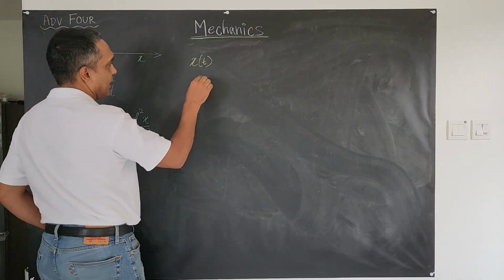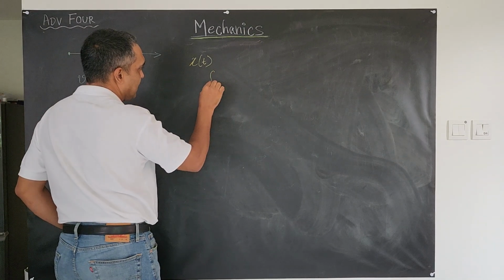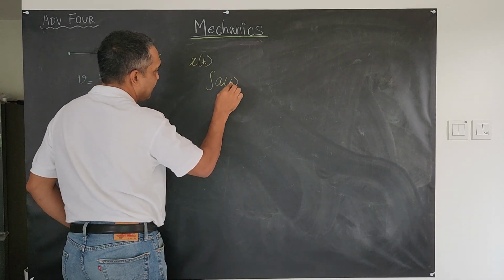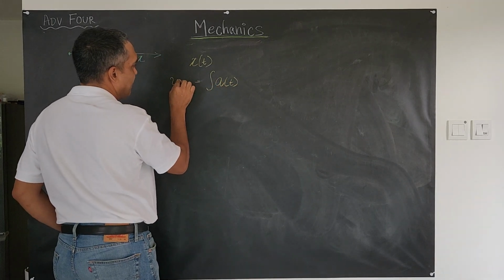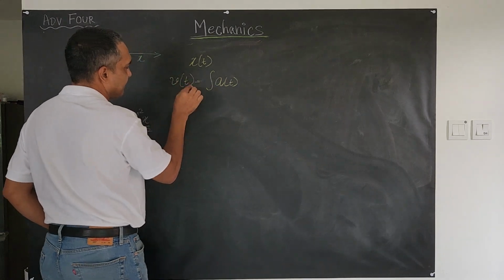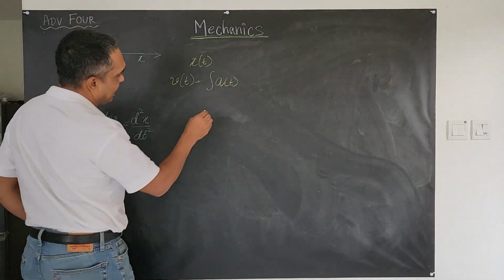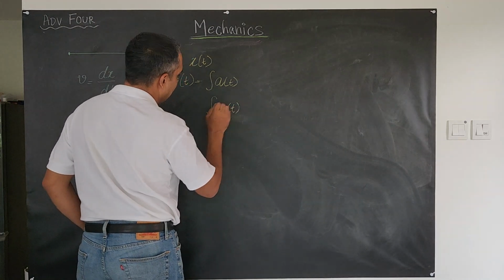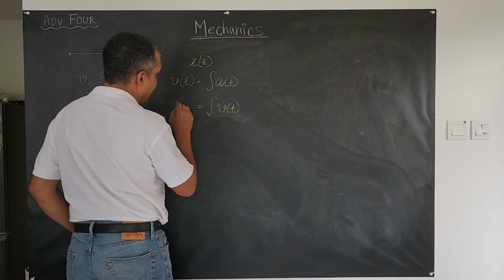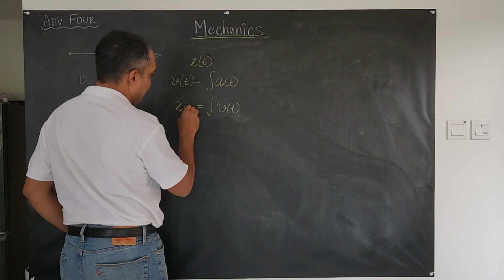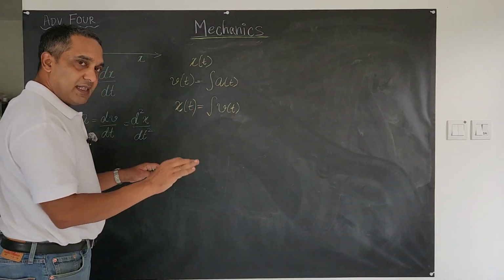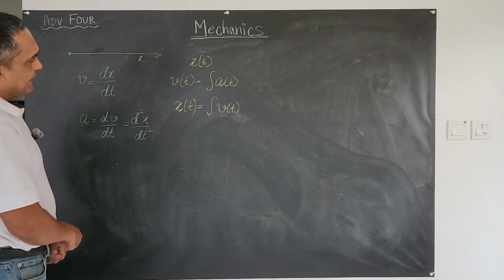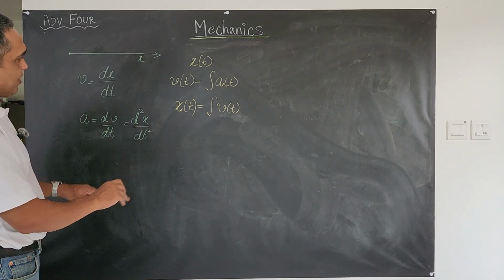If I integrate acceleration as a function of time, I can write v as a function of time. And if I integrate velocity as a function of time, I can write displacement as a function of time. Still in the fundamentals of calculus and physics, right? We are here so far, we are good.